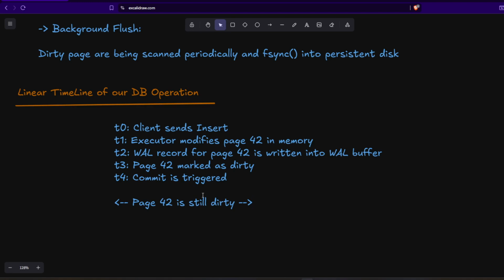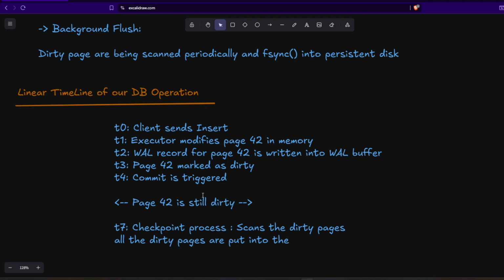So suppose after that, at t7, there is a checkpoint process which scans the dirty pages, and all the dirty pages are put into the storage, and the dirty pages are also marked as clean.